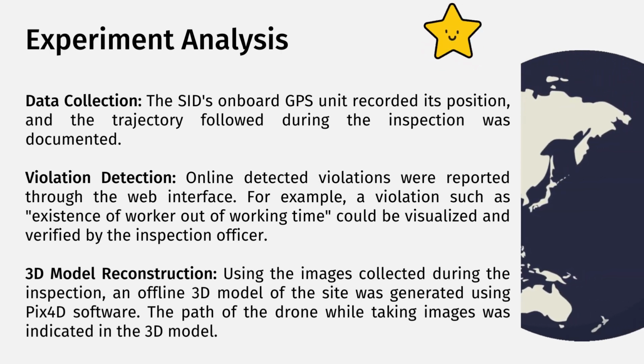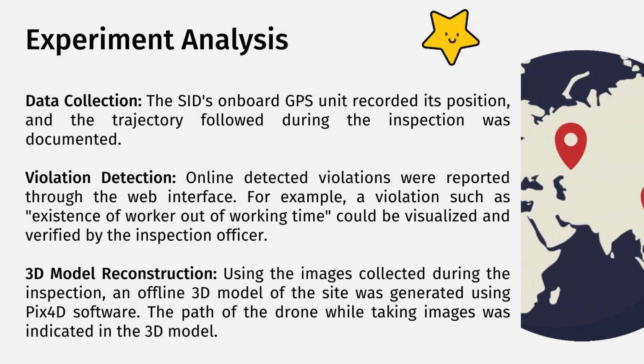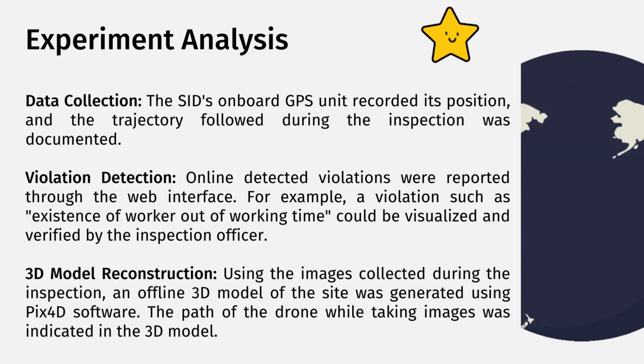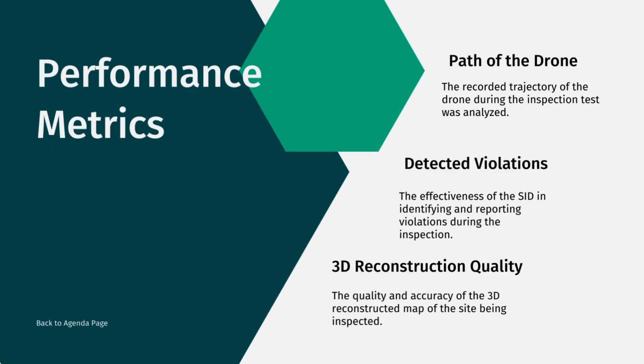They also have 3D model reconstruction, building a 3D model from the images collected during inspection. They evaluated the path of the drone, whether the trajectory could detect violations, and the 3D reconstruction quality. They evaluated all of that.